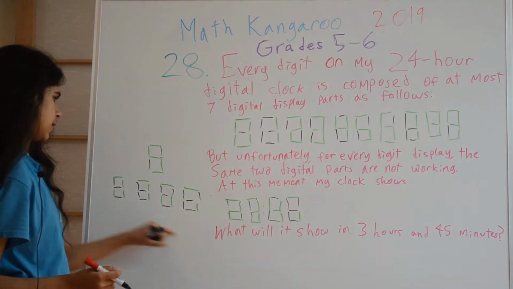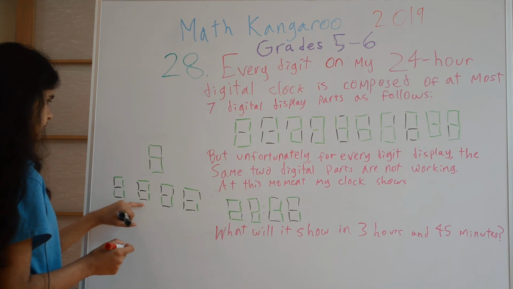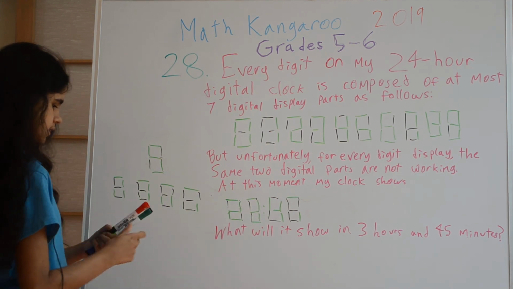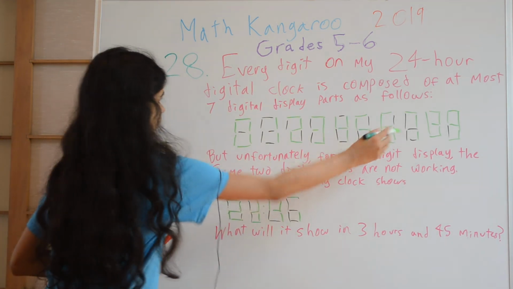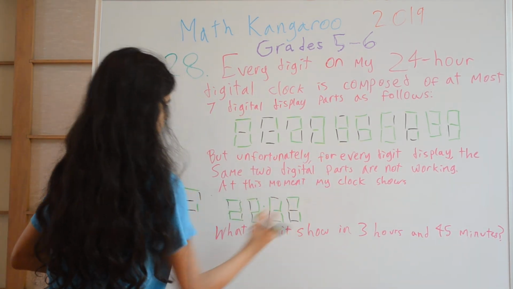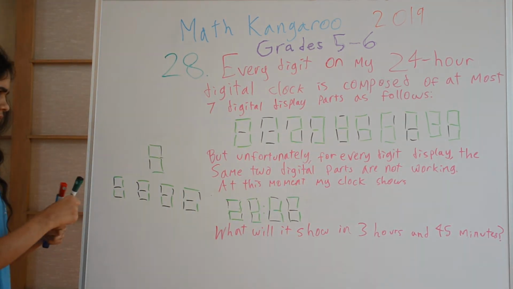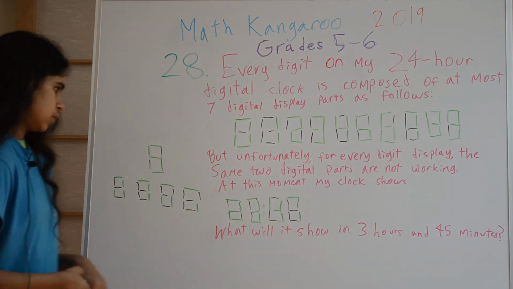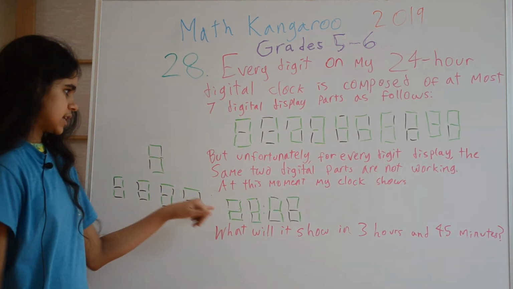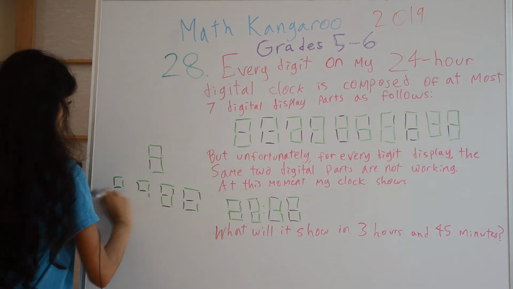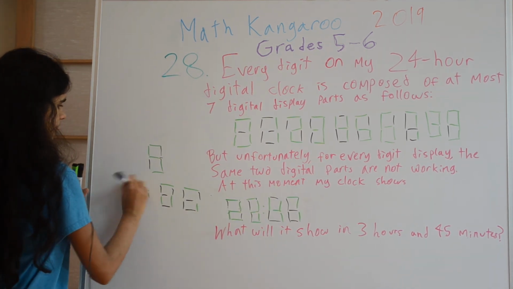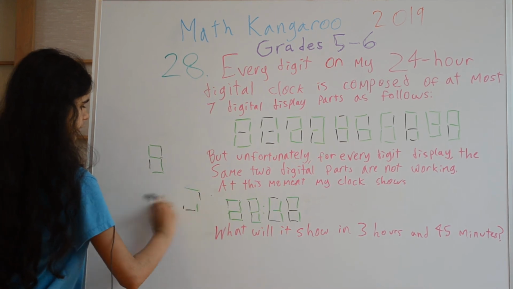And again, comparing these with those, this is the only one that's a number. It's the 7 over there. And so now we have the time, and the time is 23:47. We've filled in the numbers, and that's the time.